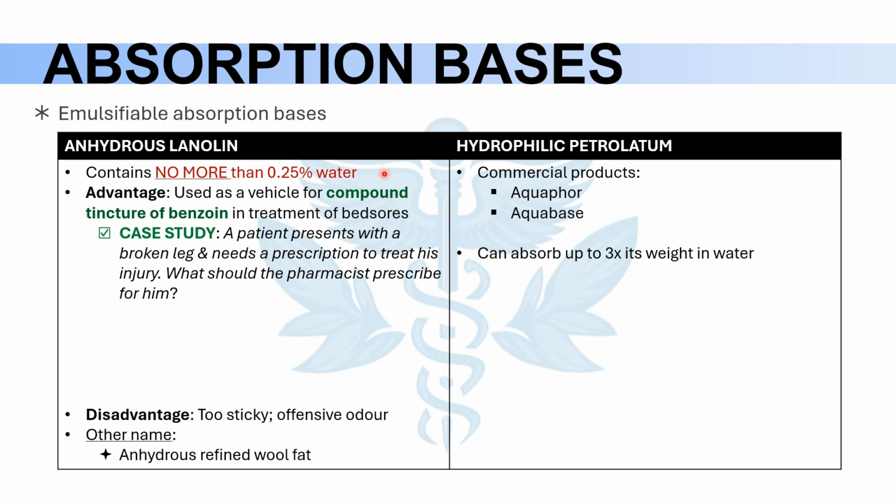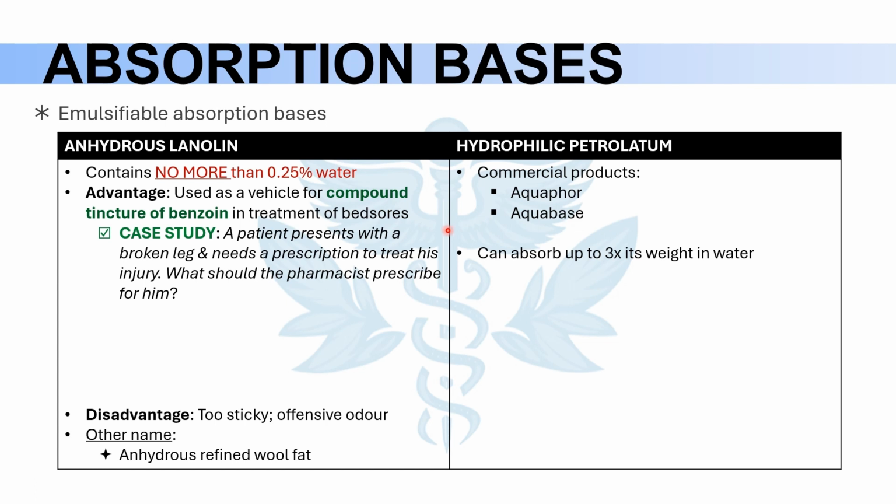They contain no more than 0.25% of water, and their advantage is that they are used as a vehicle for compound tincture of benzoin in treatment of bed sores. So there is this active constituent called compound tincture of benzoin. It's used in treatment of bed sores, and the vehicle for this preparation is anhydrous lanolin.